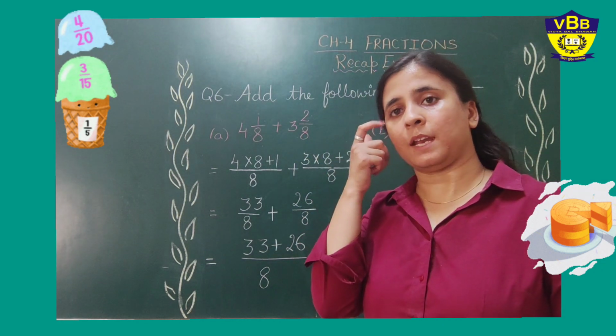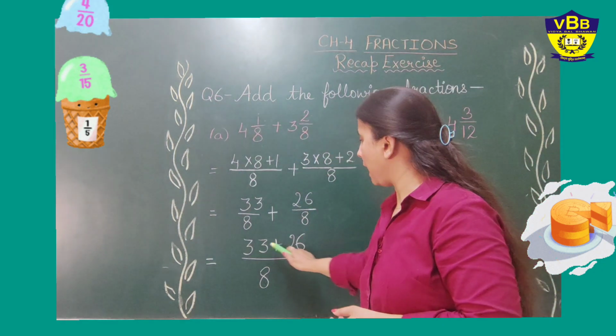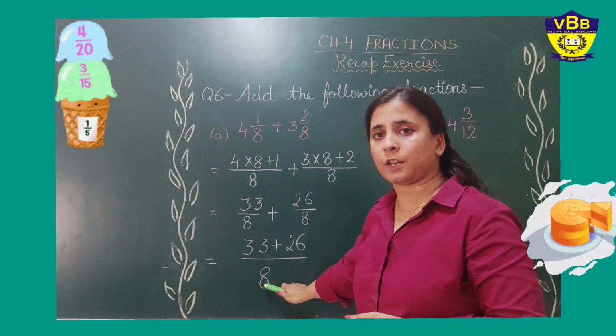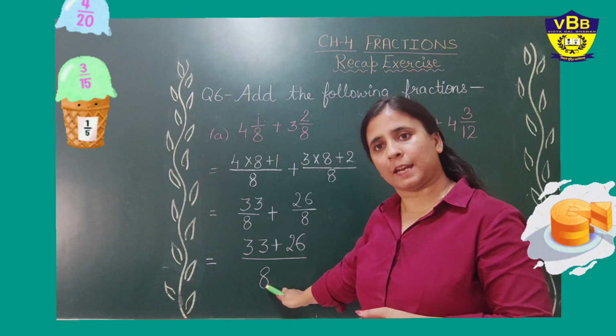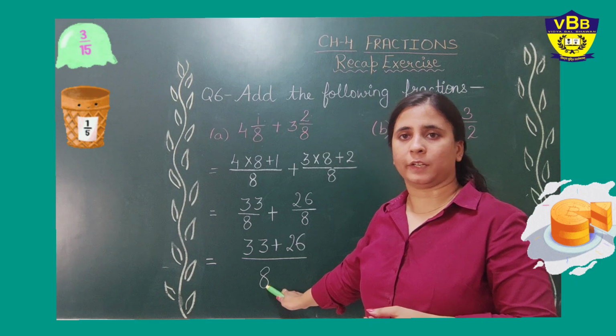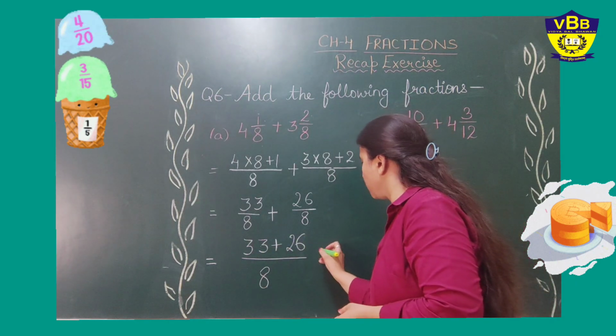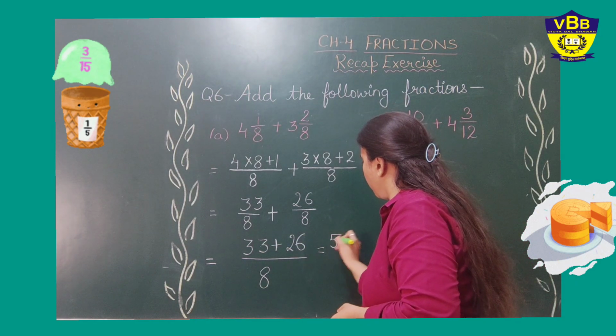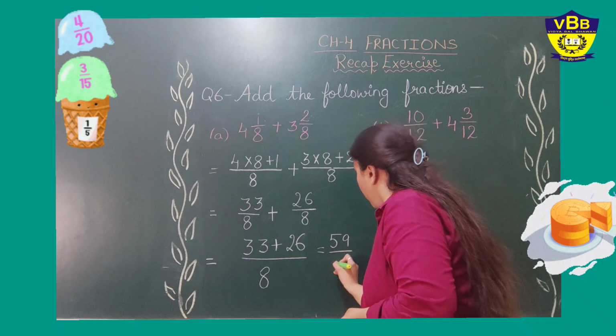Denominators are not added. Simply add the numerators and the denominator is going to be 8 only. So 33 plus 26, you will get 59 upon 8.